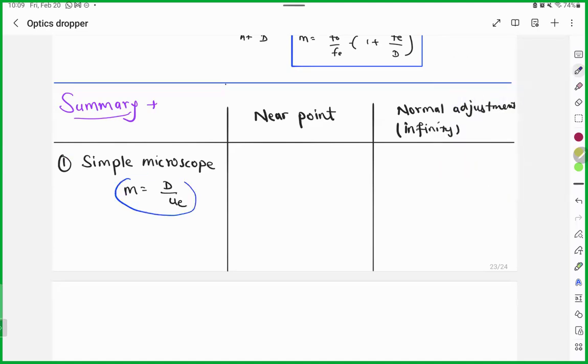D by UE is the normal magnification. If you calculate at near point, then your magnification is equal to 1 plus D by FE. At infinity, this will be equal to D by FE. By the way, in this situation, magnification inversely depends upon the focal length also.